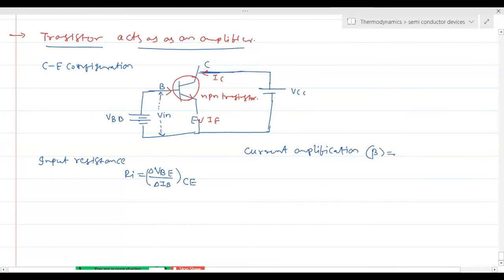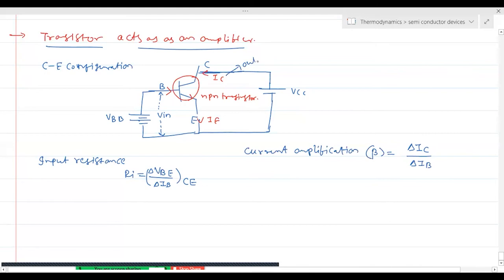Beta equivalent to, amplification always means output by input. So we know the output current here is delta IC, and the input current is delta IB. So it is very clear. This is the output current and this is the input current.